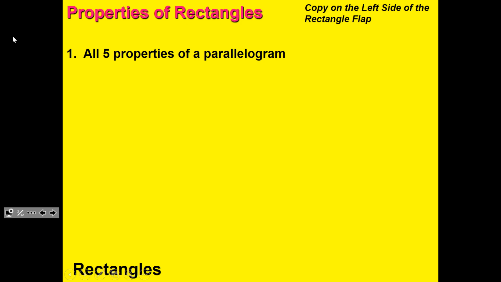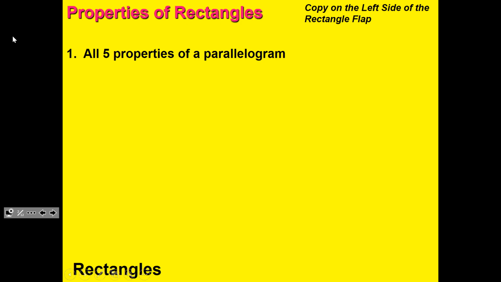Opposite angles congruent. What about the other kind of angles? Opposite are congruent, but what about the other kind? Consecutive are supplementary. And then the last one is about their diagonals. What was that one? Bisect each other. Good. So your properties of a rectangle is the list we're making right here.